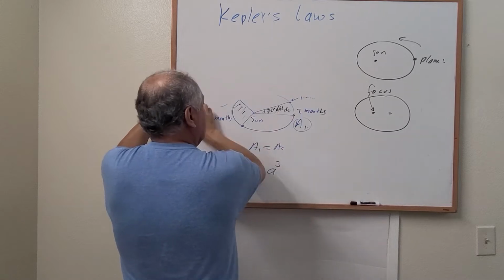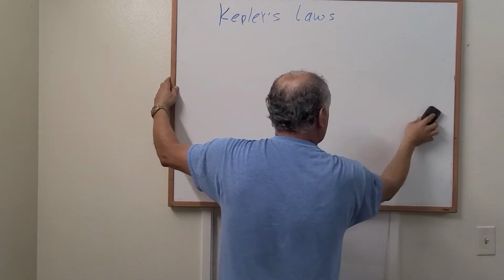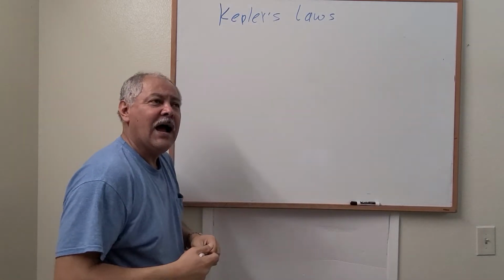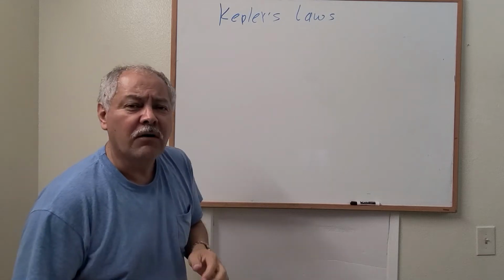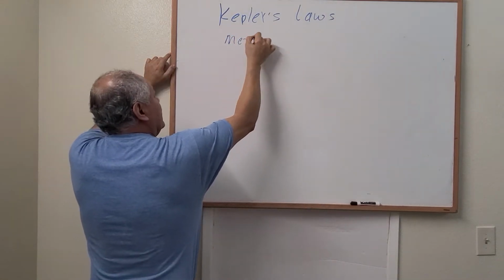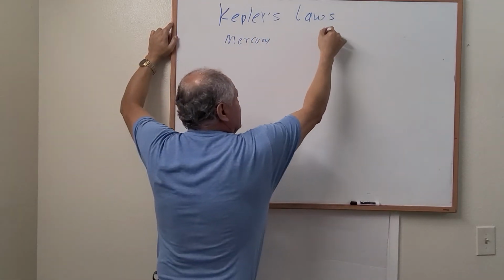Let's do it this way. Okay, great. So we have to construct the orbit of Mercury. Let's go for Mercury. Look, when we're dealing with ellipses, let's take these two.